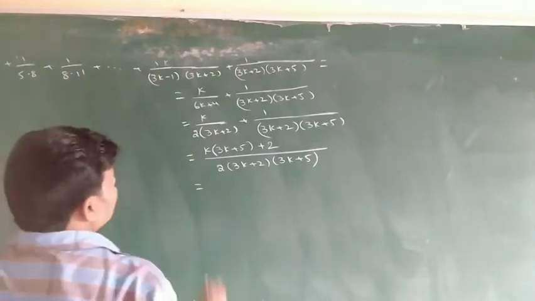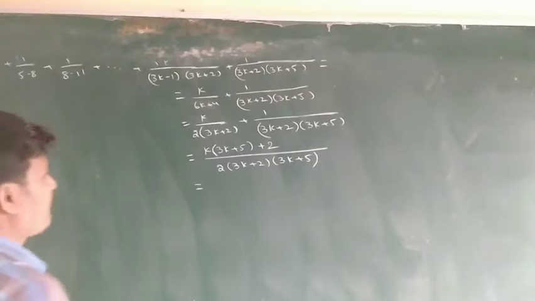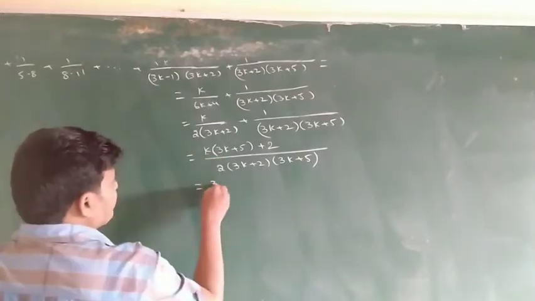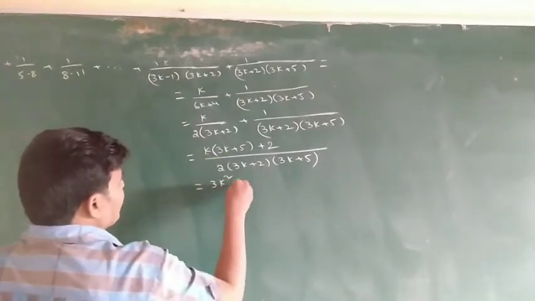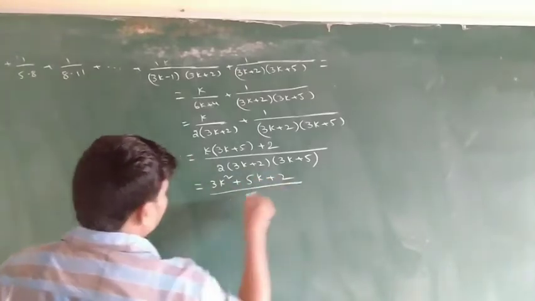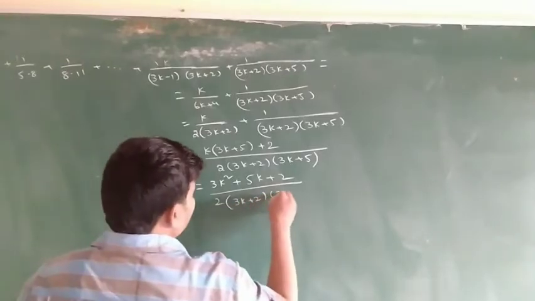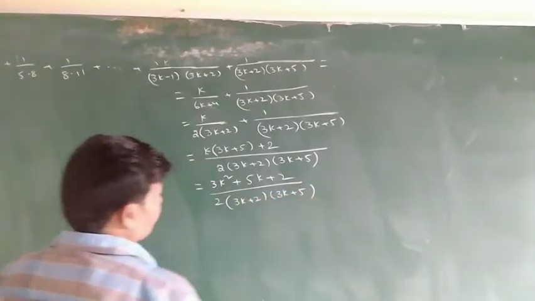So that is equal to 3k squared plus 5k plus 2, by 2 into 3k plus 2 into 3k plus 5.